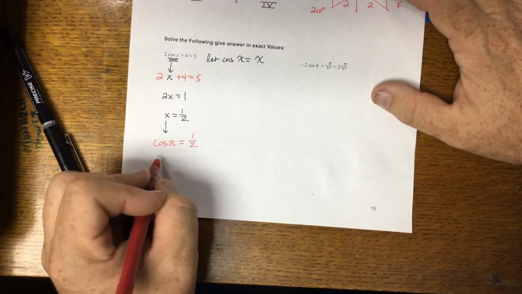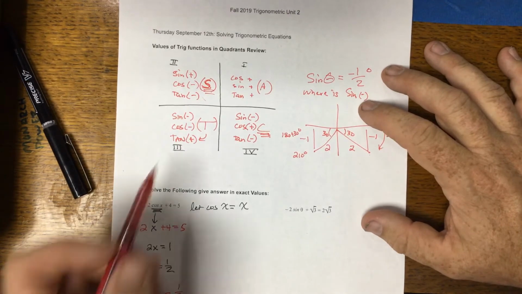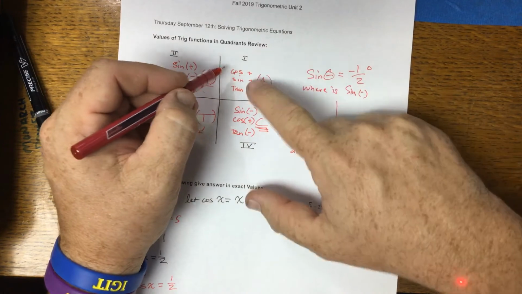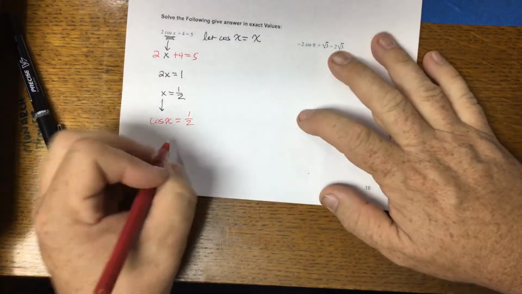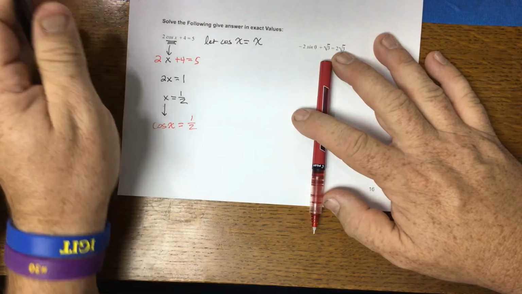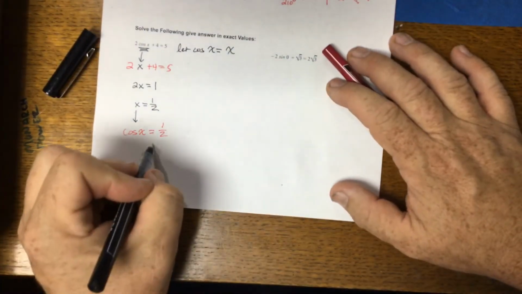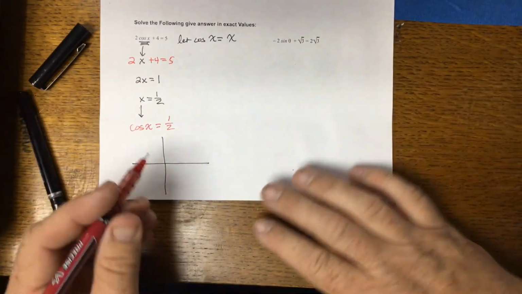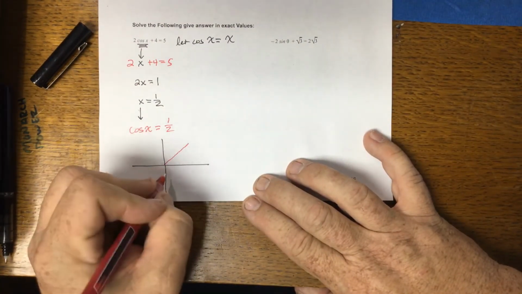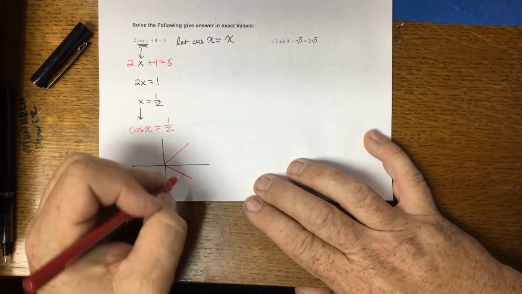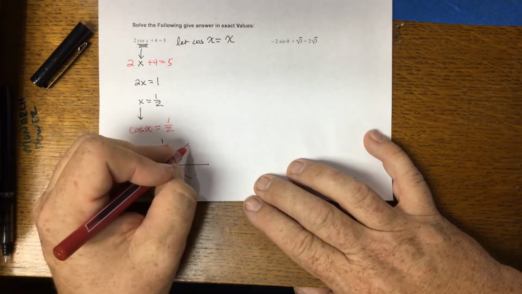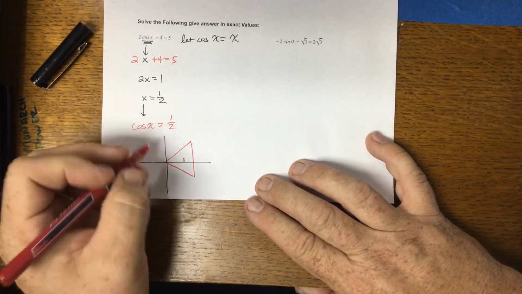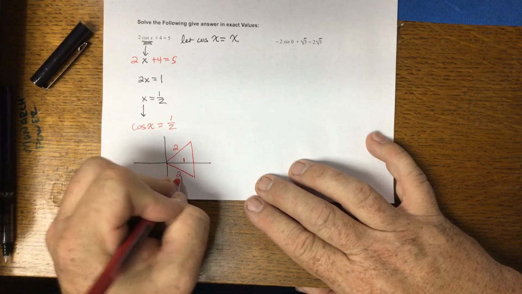So cosine is positive where? If we go back up to this piece here, cosine is positive here and here. So we're in quadrants 1 and 4. So if I draw my quadrants here, oh, that's a horrible triangle, but it happens. I got an adjacent of 1 and a hypotenuse of 2.